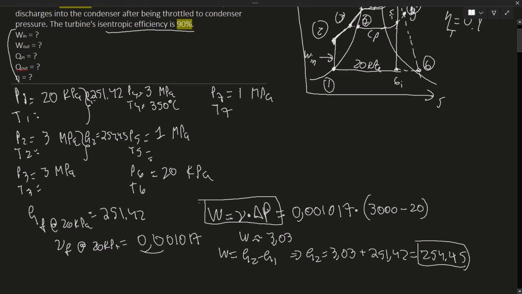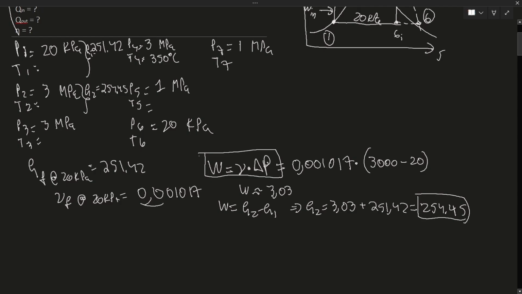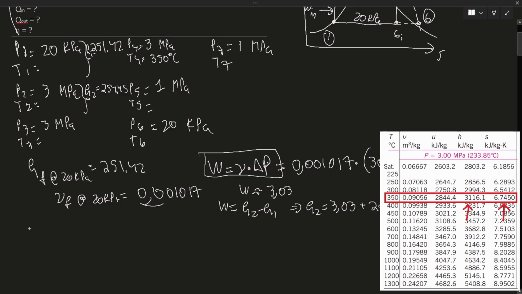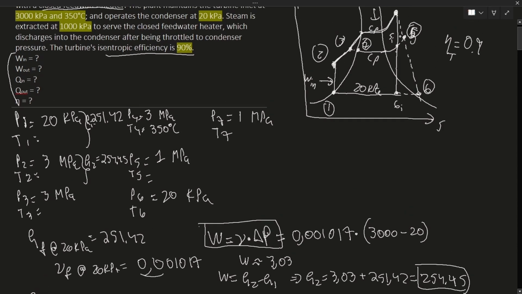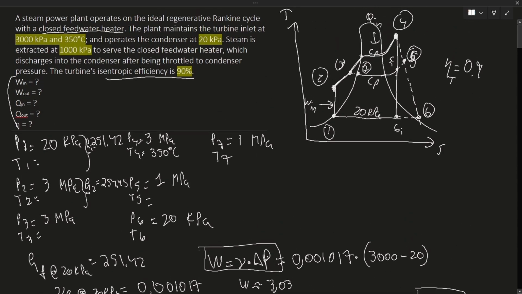at point 4, we have the pressure and the temperature. So we just follow the table, the superheated tables, to read H4 to be about 3116.1. Okay. Now, reading point 4, you could see it's a turbine and the rest goes straight down. It's the same S, ideally.